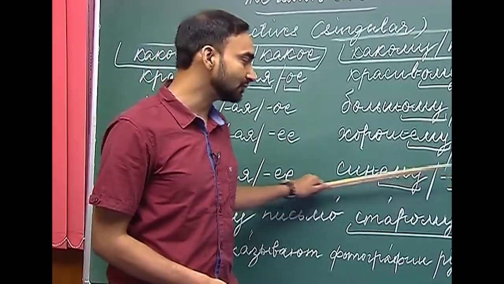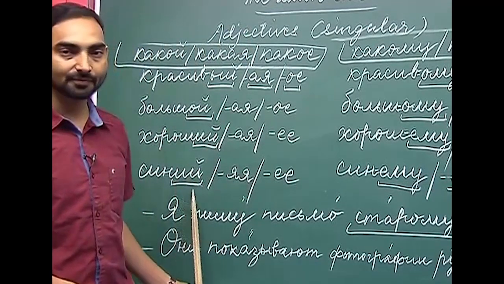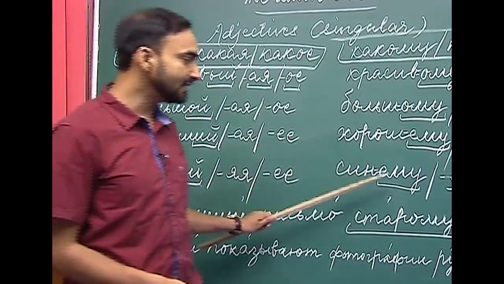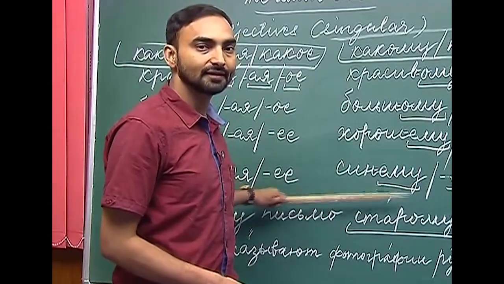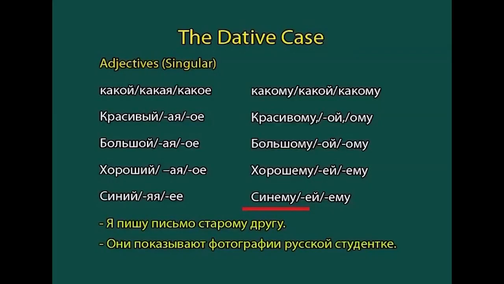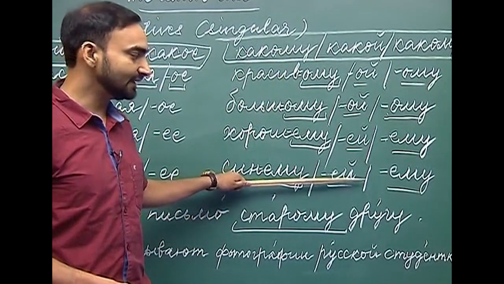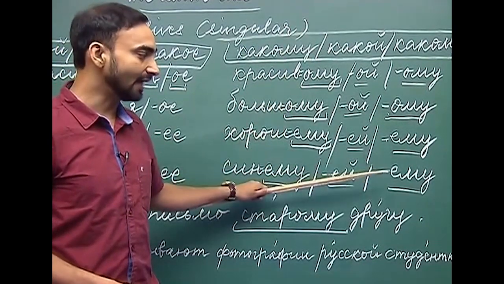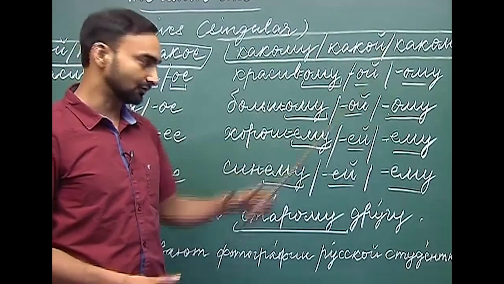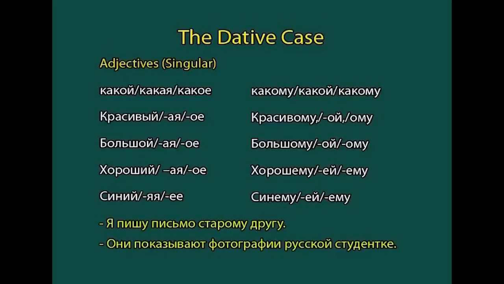What we do is drop the ending and add emu, ei and emu. Sinemu, sinei, and sinemu. So, siniy becomes sinemu with masculine nouns, sinei with feminine nouns and sinemu with neuter gender nouns. This is how we decline the adjectives in the dative case in singular.